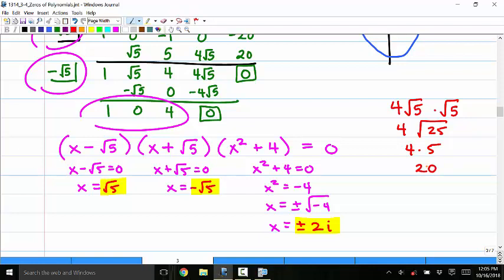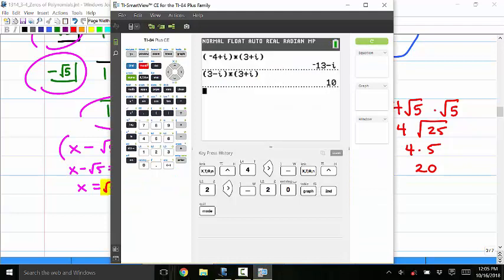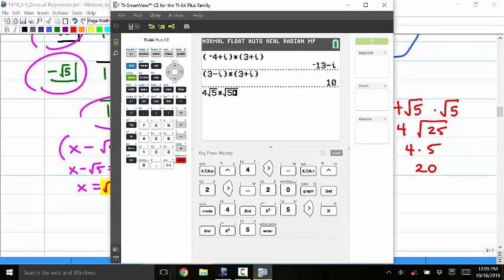Or do it on your calculator. On a calculator, I'm going to go to my home screen and do 4 square root 5, arrow over, times square root 5, and get 20.